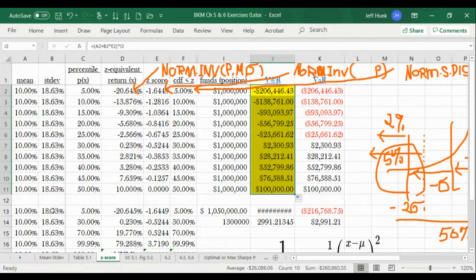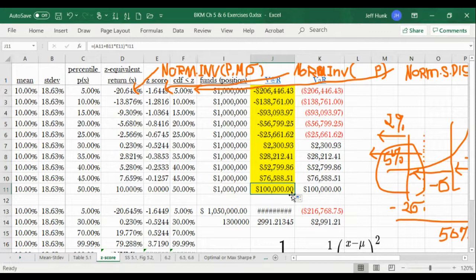If you are looking at the 10th percentile case, the 15th percentile case, I've done it by 5% increments. But in the 50th percentile case scenario, you will get exactly, I'm sorry, $100,000 will be the return.